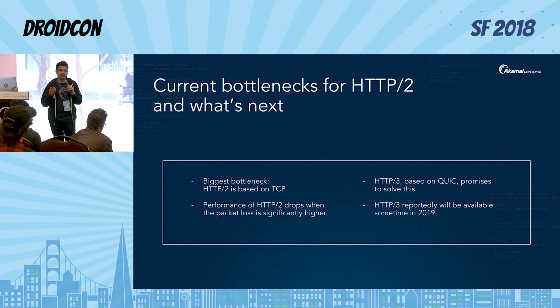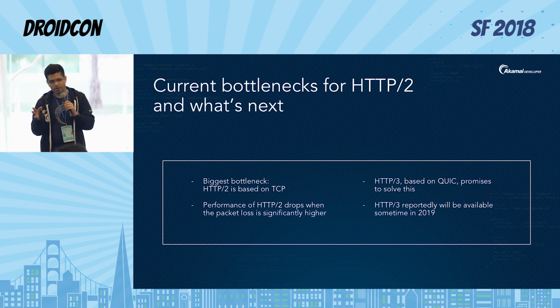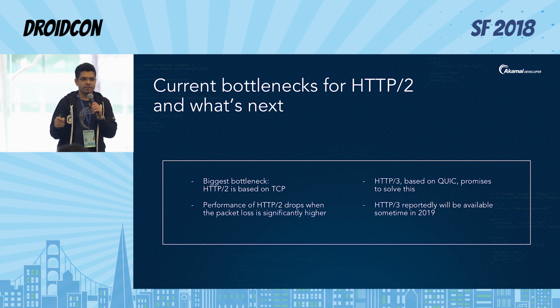My colleagues at Akamai did a research, and they found that on mobile devices, when you're on cell networks, if the packet loss is increasing more than 2%, then the HTTP2 gains that you are getting also start coming down. At a point, I don't remember the number, you are essentially not gaining much if you are on HTTP2 and there are a lot of packet losses.